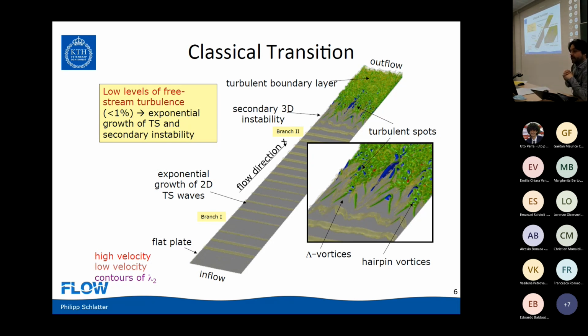That's what we derived with Squire's theorem. So we have these waves that start to grow, and if you look carefully, you can see at some point they become thicker, and then at some point they become thick enough, and then they become unstable and will break down.